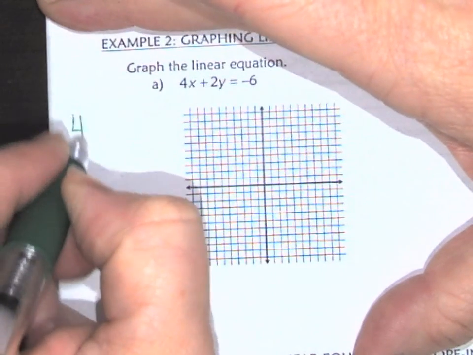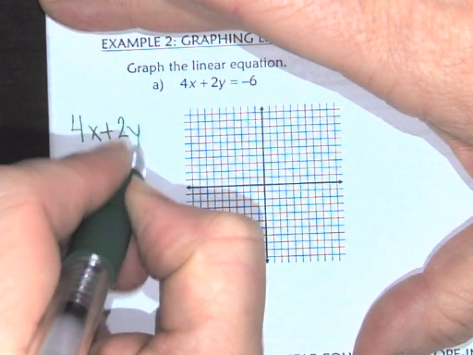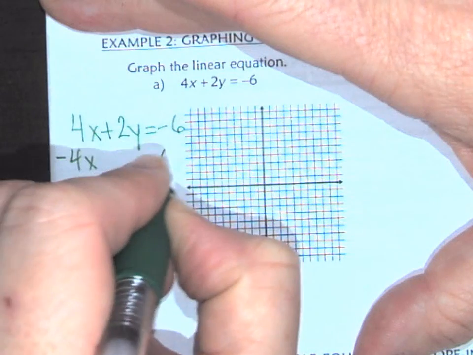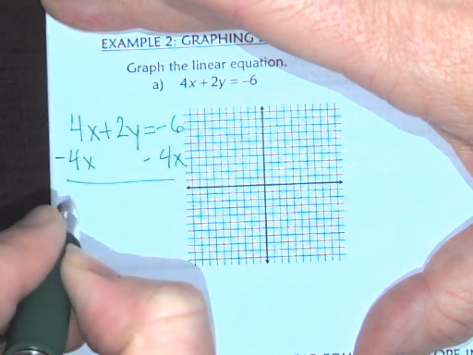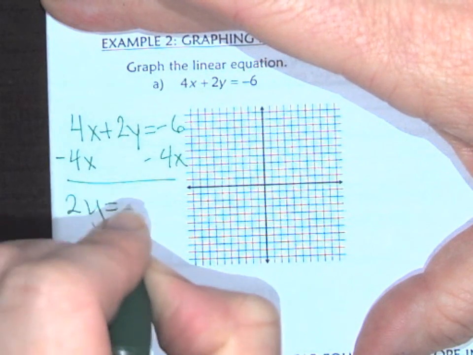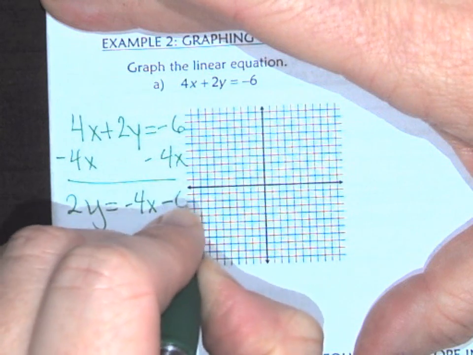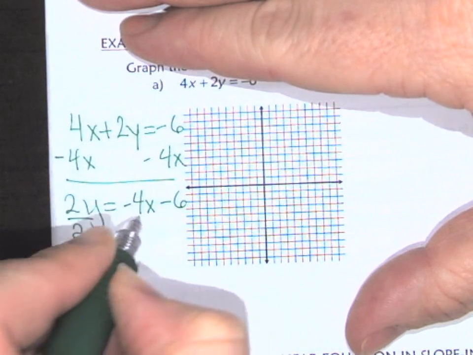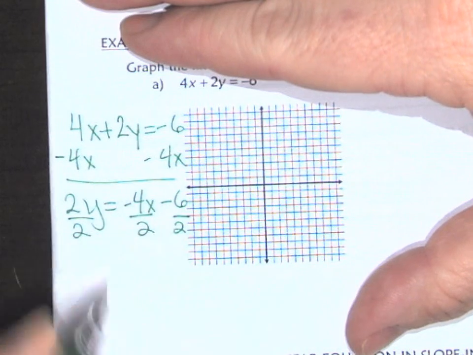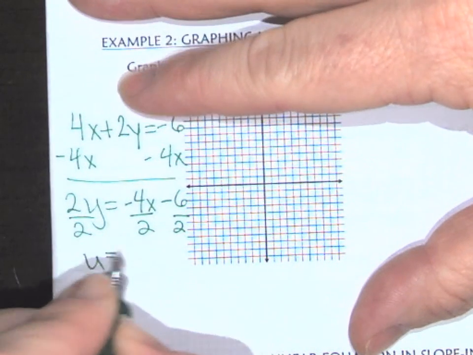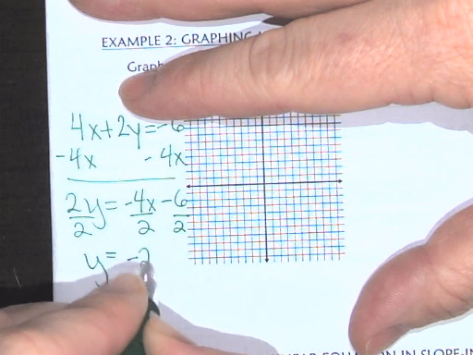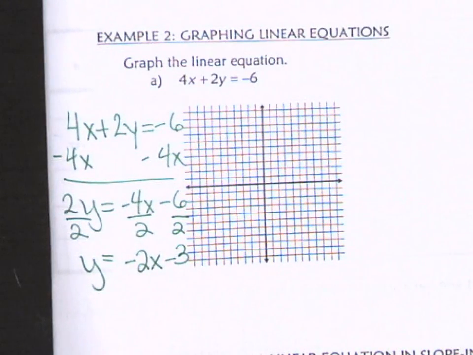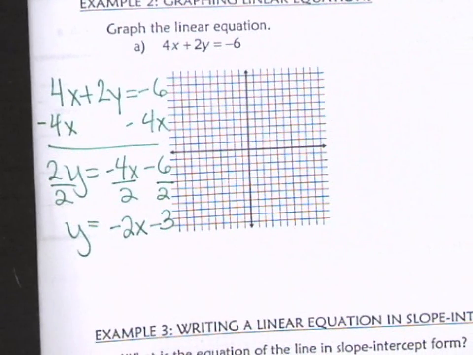So if I have 4x plus 2y equals -6, I can subtract 4x. So I'm left with 2y equals -4x minus 6. And then I can divide each term by 2, and I'm left with y is equal to -2x minus 3. So all I did was solve for y.